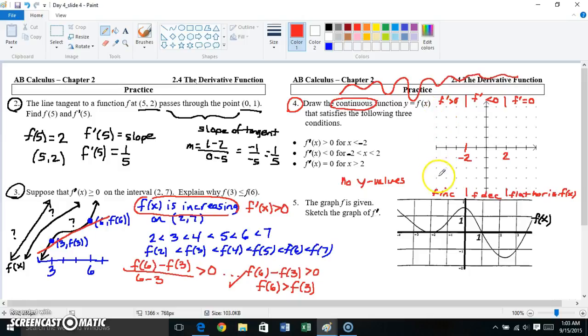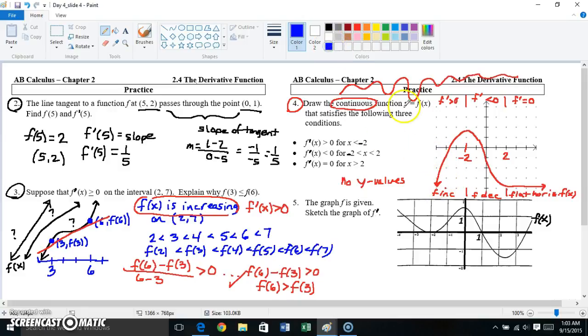So I need to have f increasing. So here we go, f is increasing and has to get to 0 because it's got to change to negative. f is decreasing and getting to 0, and then it's flat. So it could look like this.